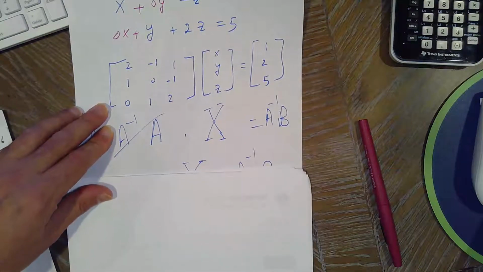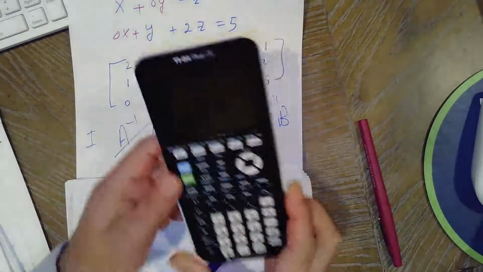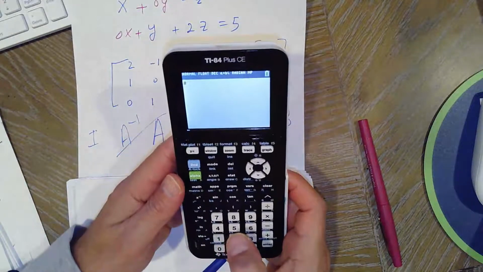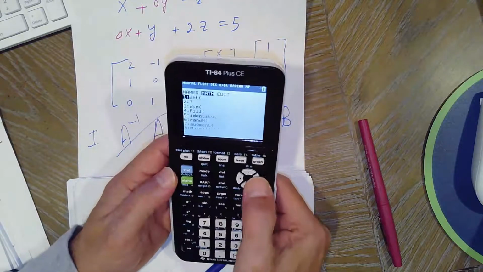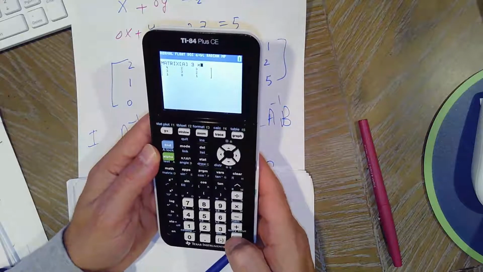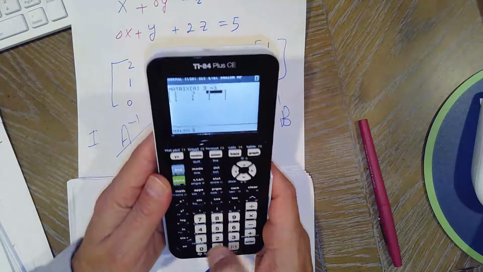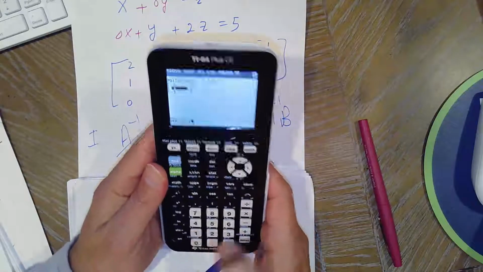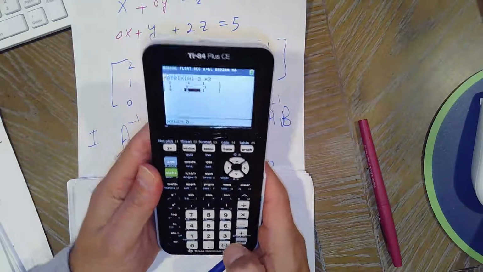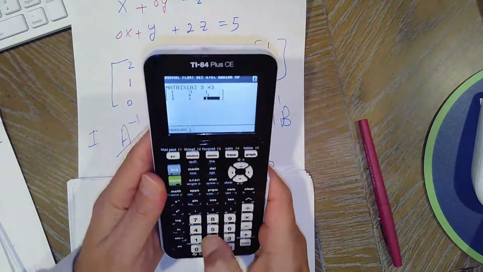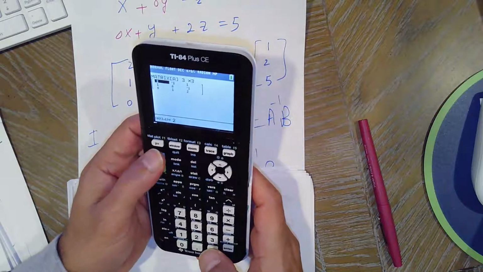How are we going to do that? We're going to let the calculator do that. So we're going to enter the matrix. Let's edit matrix A: 2, negative 1, 1, and then 1, 0, negative 1, and then 0, 1, and 2. Okay, let's exit that.